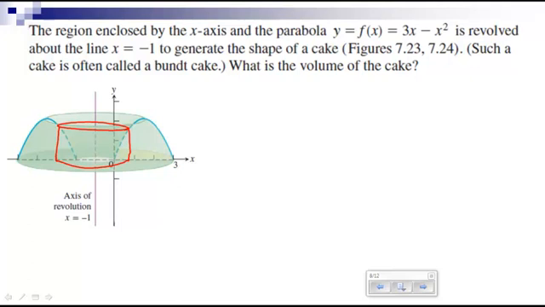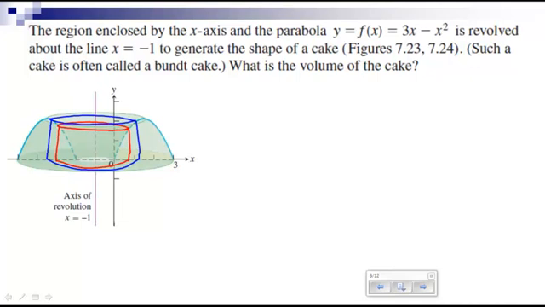Let me do it in blue. This one's a bigger cylinder. The red cylinder sits inside the blue cylinder. Taking, for example, the red cylinder, its base is at the same base as the bundt cake.